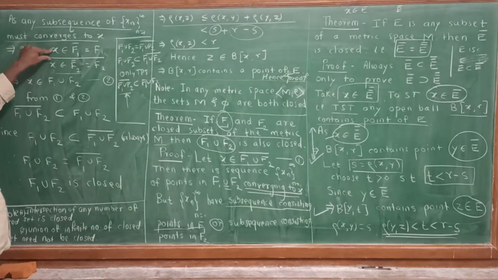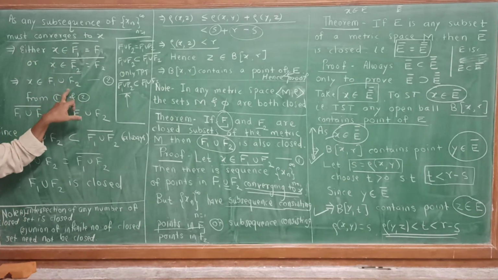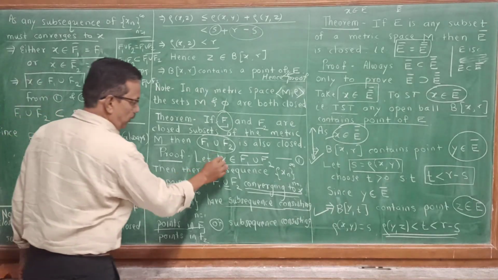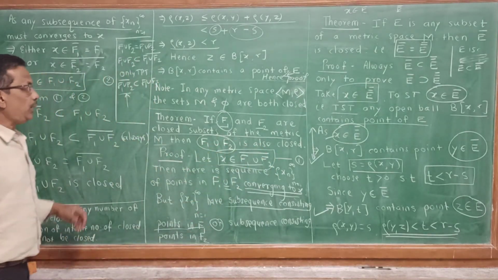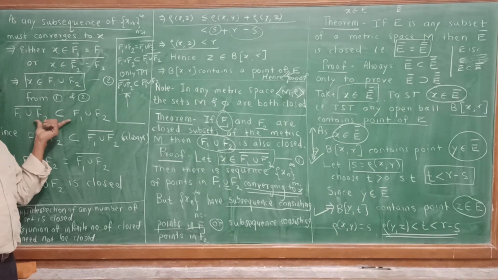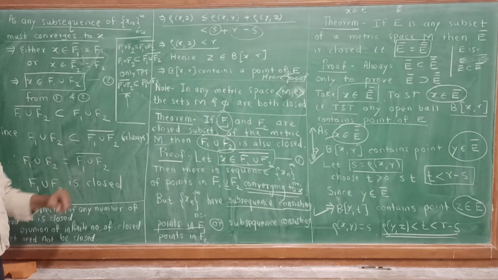That is, x is a member of either F1 or F2. Hence, we write x belongs to F1 union F2. This is equation number 2, and this is equation number 1. From 1 and 2, we get what we wished: the closure of F1 union F2 is a subset of F1 union F2.